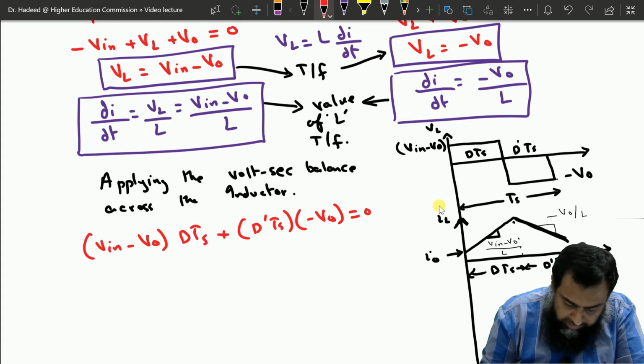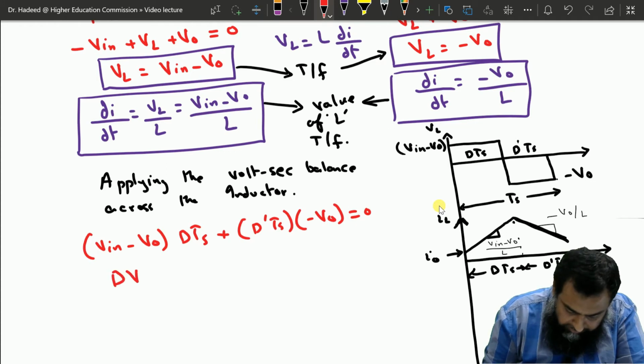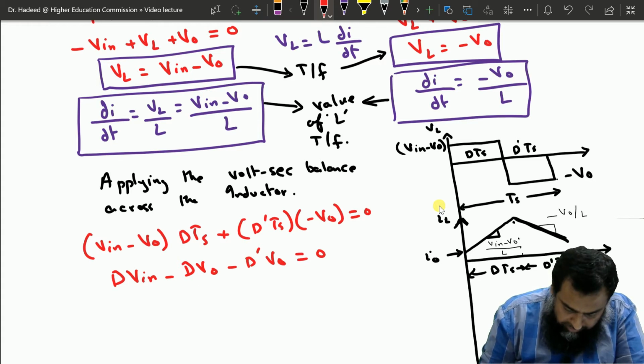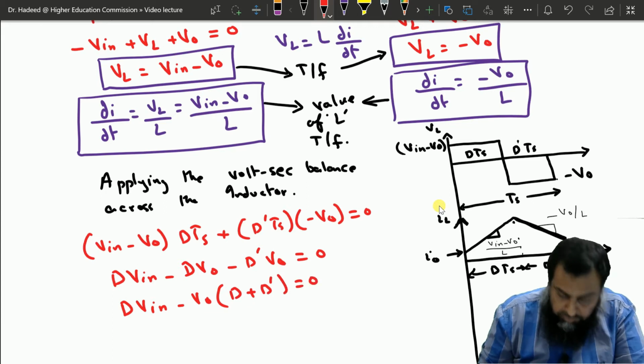So we can take this Ts out of this equation, so this becomes d times Vin minus d times Vo minus d' Vo, and that is equal to 0. From here we can say that d times Vin minus Vo into d plus d' is equal to 0.